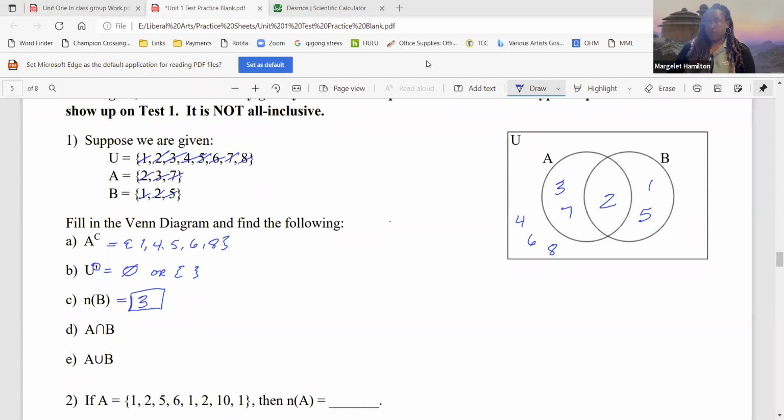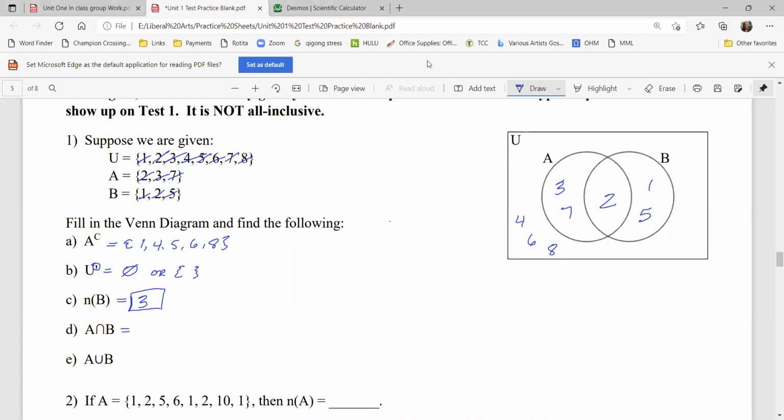When we start looking at totals, like survey data, it will say this represents cardinality, and then you know you're going to be adding up stuff.